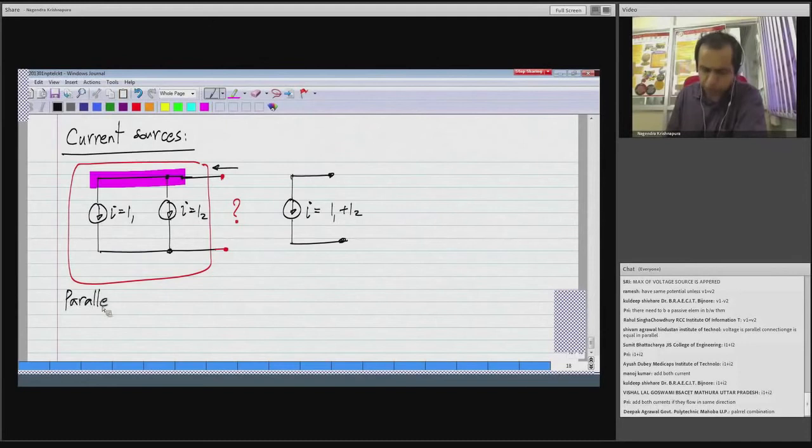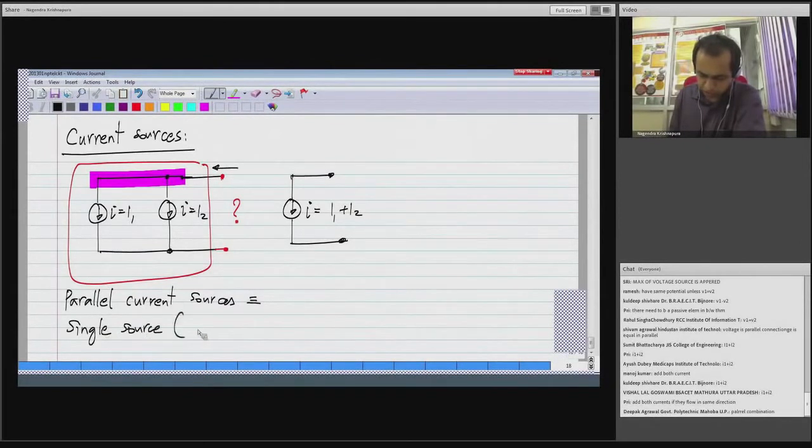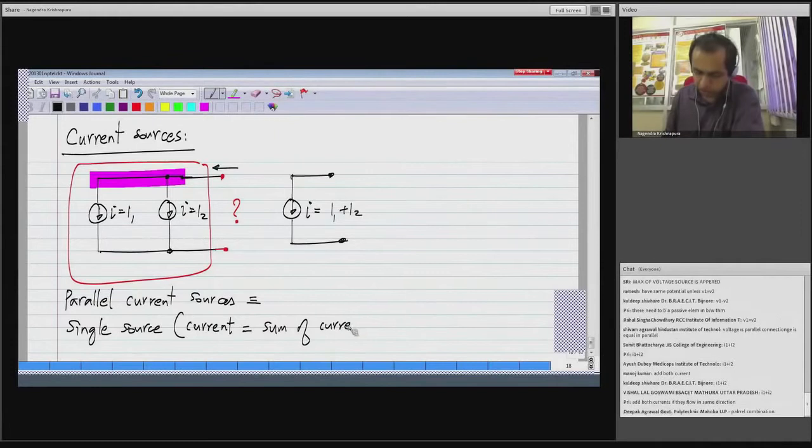And you can have more than two current sources. Multiple current sources in parallel are equivalent to a single source with current equal to the sum of the individual currents.